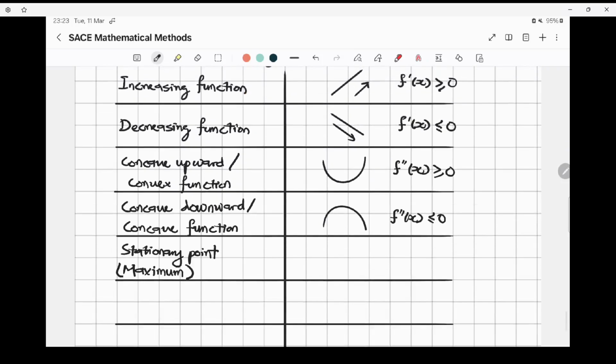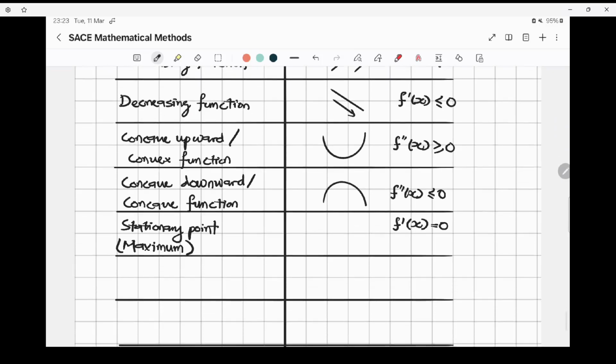So if you look at the stationary point which is maximum, the definition of stationary means that your f prime x is equal to 0. If it is maximum, then your point sits somewhere around here on your curve, right?